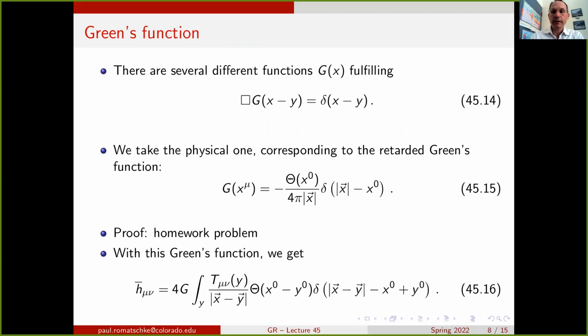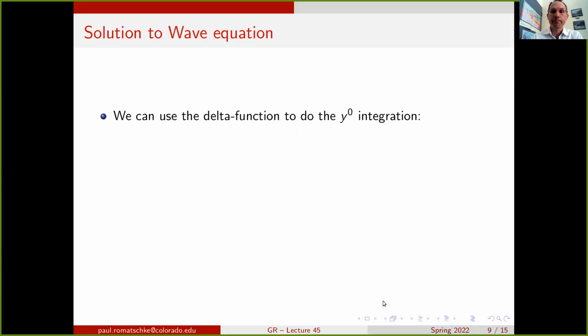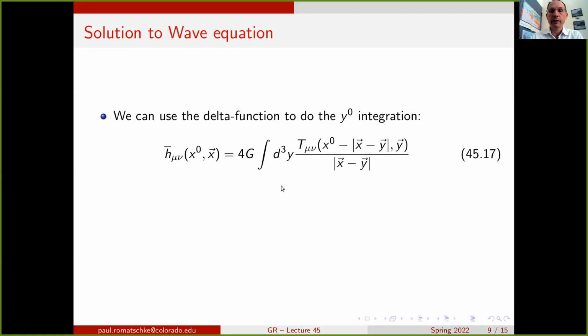So first note that there's a delta function here that we can use to do one of the integrals. In particular, this is a 4-dimensional integral that includes an integration over y0, and we can use this delta function to do that y0 integral in a straightforward manner. Doing that, we find that the strain h is given as an integral over just space d3y of this energy momentum tensor with essentially a retardation effect.